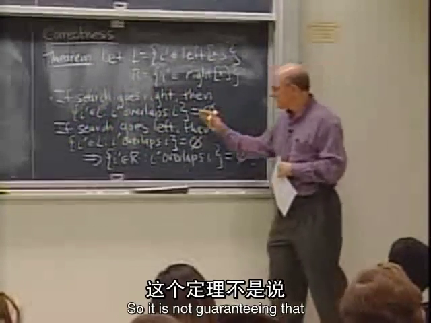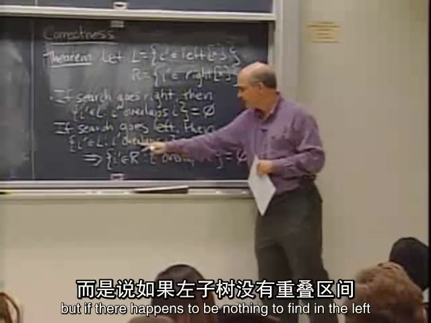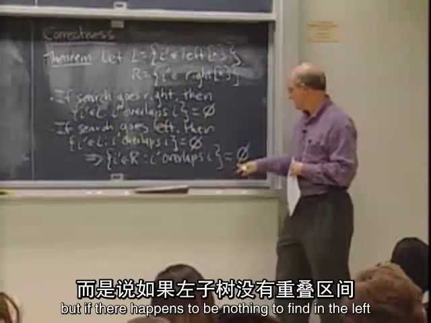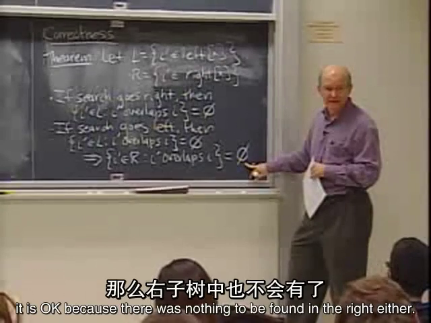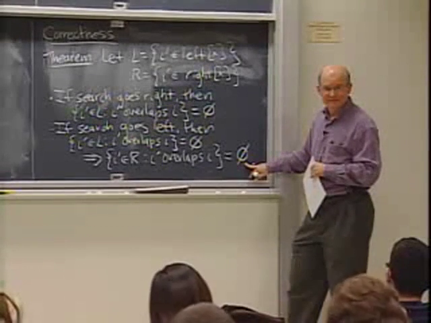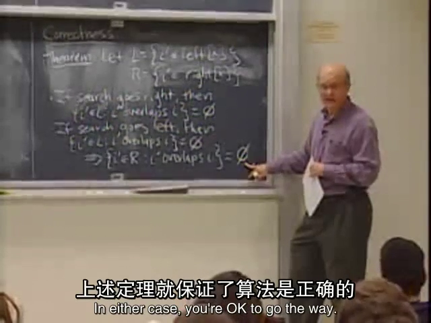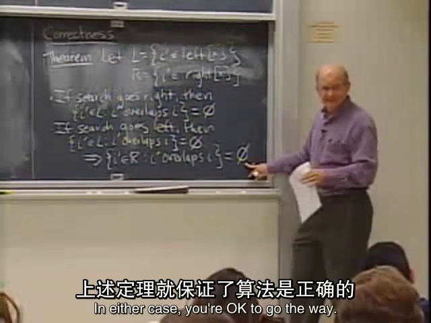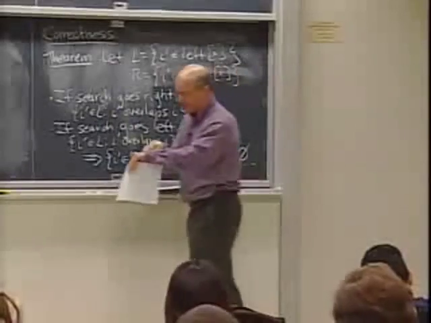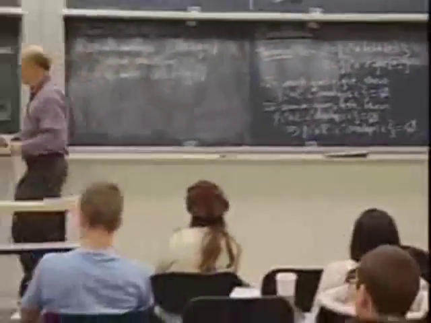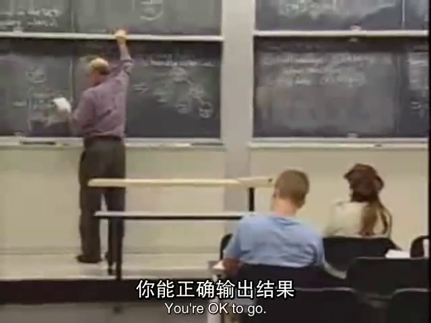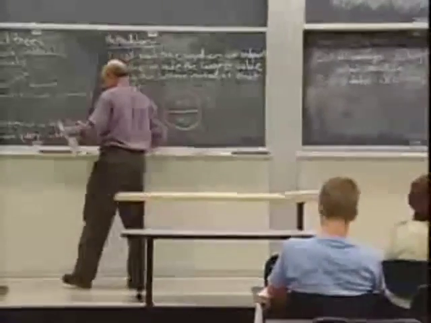So it's not guaranteeing that there's nothing to be found in the left, but if there happens to be nothing to be found in the left, it's okay because there was nothing to be found in the right either. That's what the second one says. So in either case, you're okay to go the way that you go.